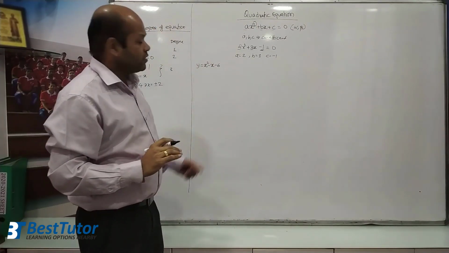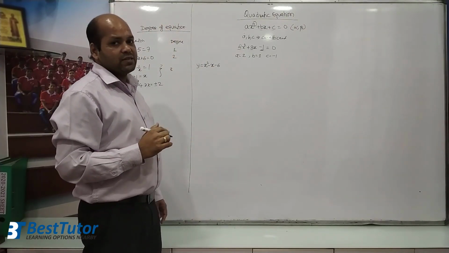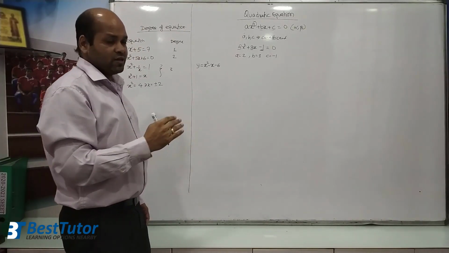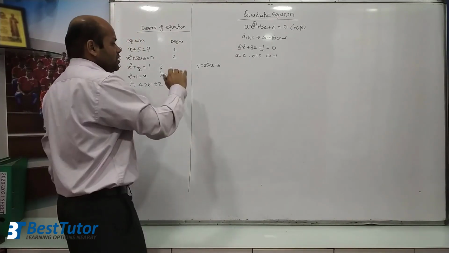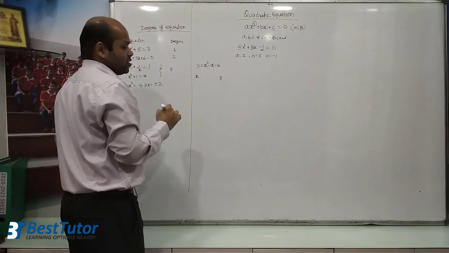I've given here y is equal to x square minus x minus 6. We have a chapter later on called functions, where we look at putting different values of x and getting the values of y. Let's put in values of x and look at what value of y we get.